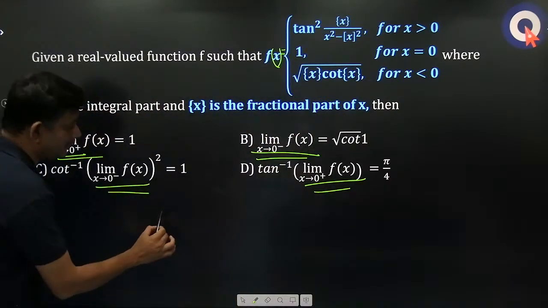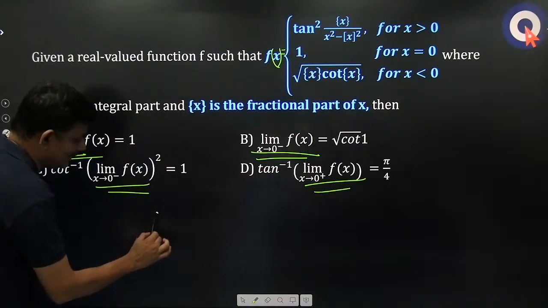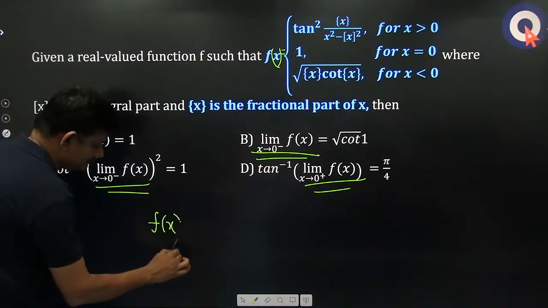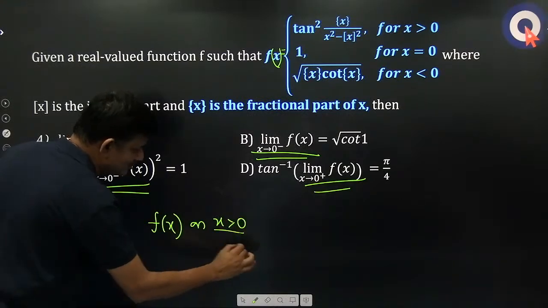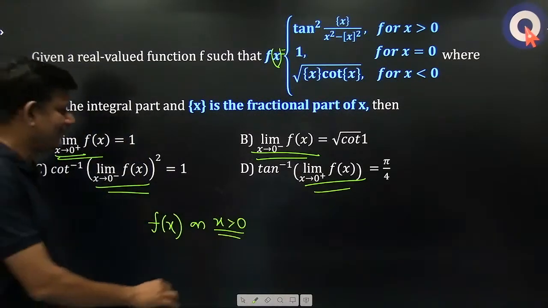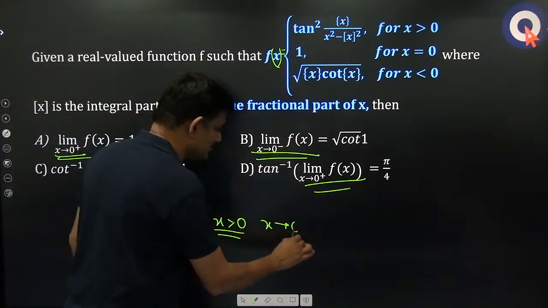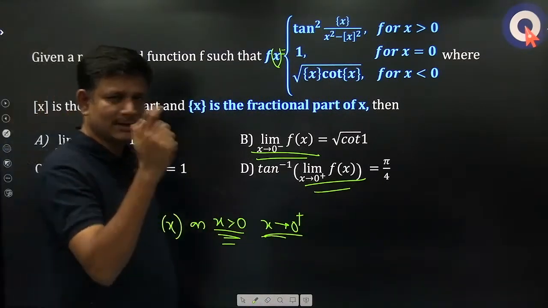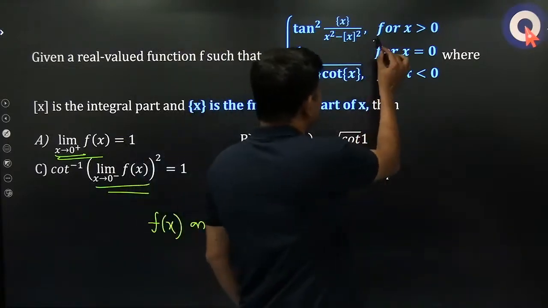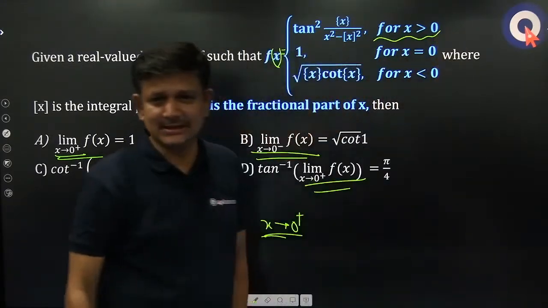So let me look at f of x as x is slightly greater than 0, that is x tending to 0 plus. 0 plus means x is slightly greater than 0. So which case are we talking about? x is greater than 0.